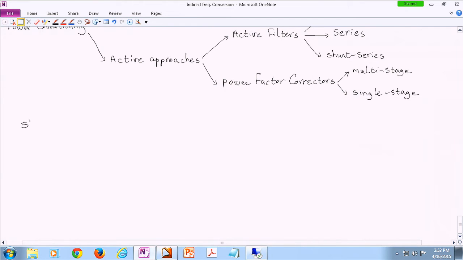So let's talk about, for instance, a shunt active filter. All right. So you have this source, which is an AC source, sinusoidal, and then you have this nonlinear load. I'm just showing it like this, like it's nonlinear.